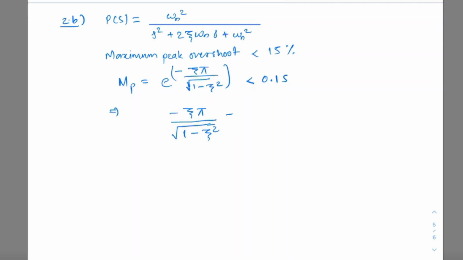Now we also want our settling time to be less than 1 second. So Ts, assuming the 2% criteria, was 4 over zeta omega n. This should be less than 1.